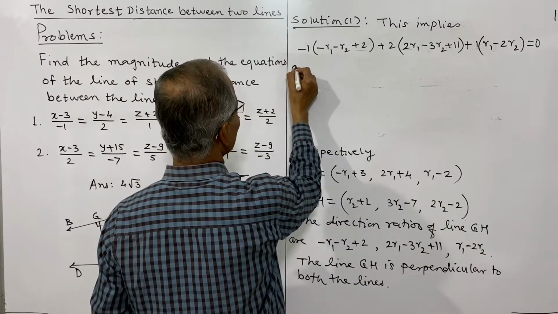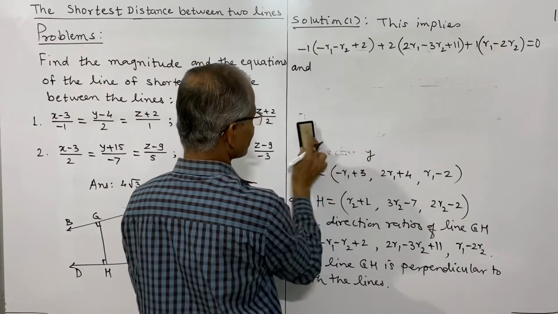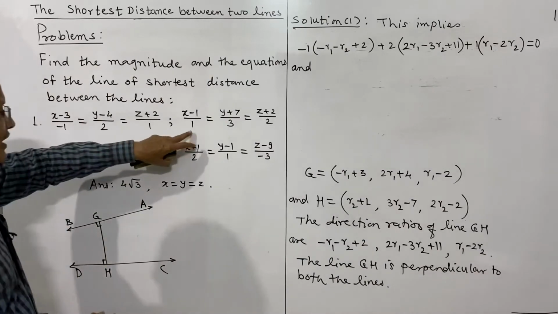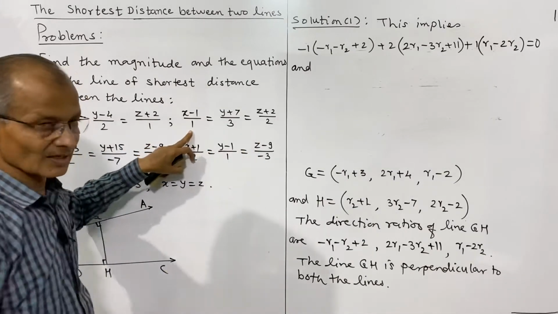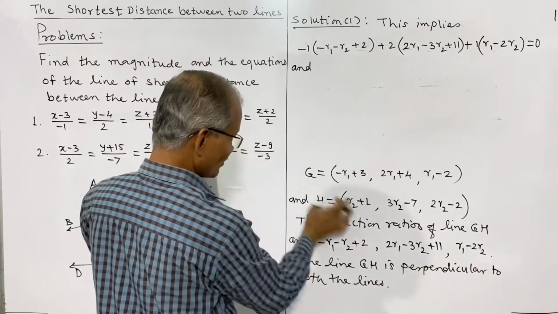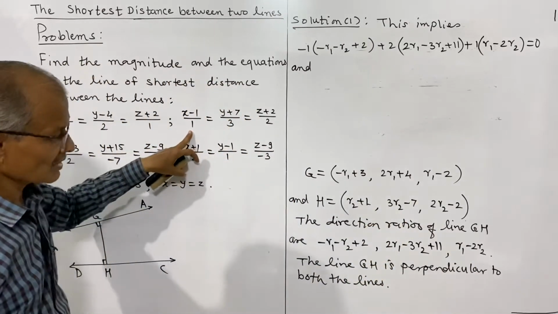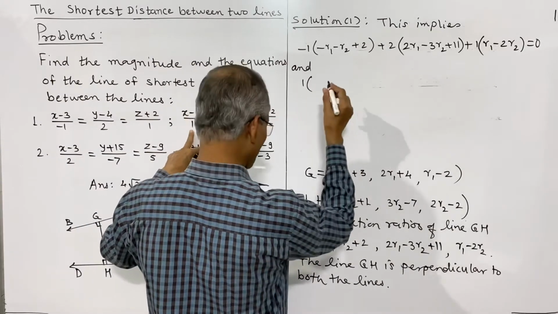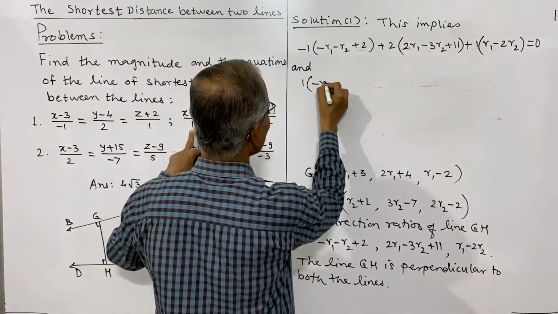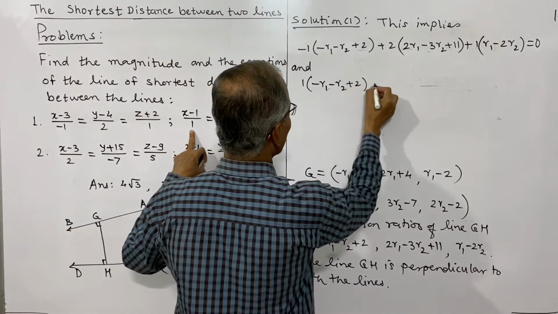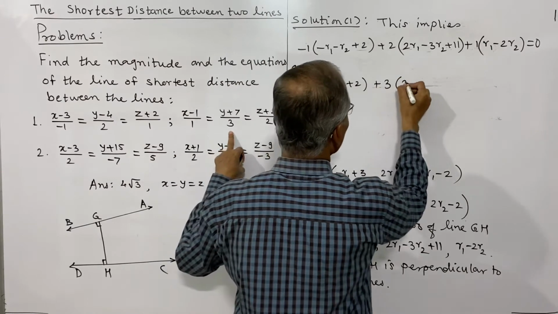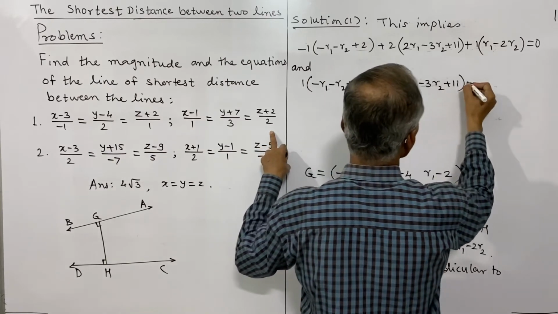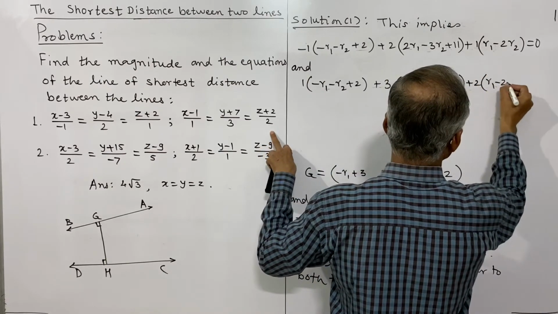And what is the second? And the second is, we have to consider the second DRS, DRS of the second line, that is 1, 3, 2. Multiply 1, 3, 2 respectively to these three numbers, and their sum must be 0. 1 into minus R1 minus R2 plus 2 plus 3 into the second, that is 2R1 minus 3R2 plus 11, and plus 2 into R1 minus 2R2.